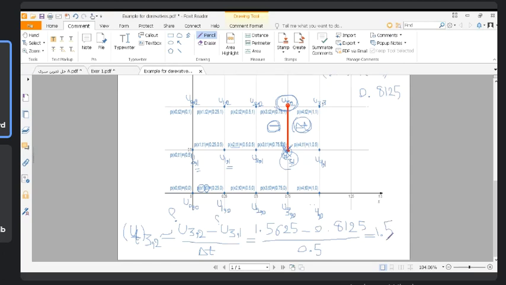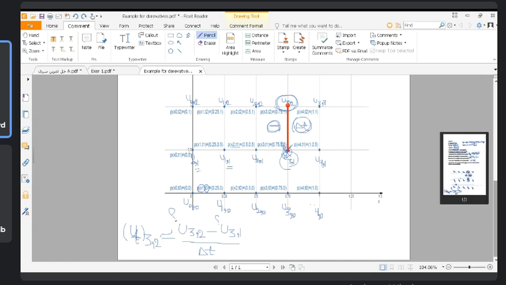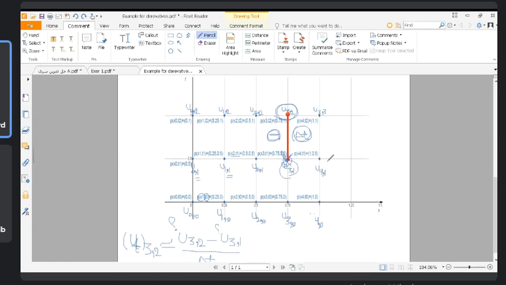Okay, everybody. Please pay attention to me. At home, please compute the value of UT at all of the points of this grid. Please compute UT at all of the points of this grid.